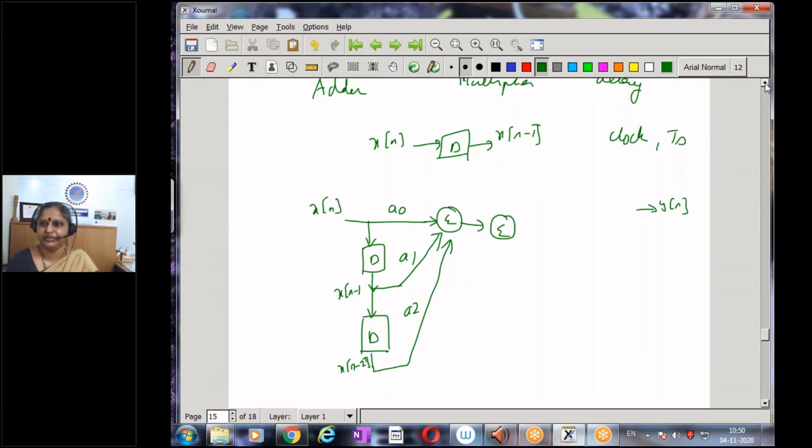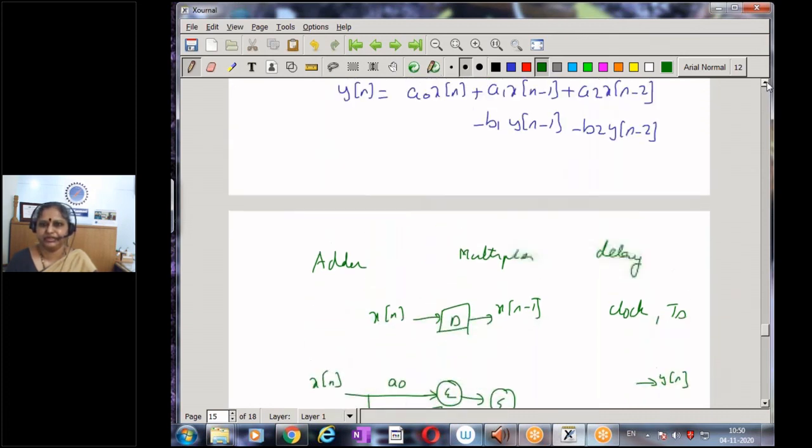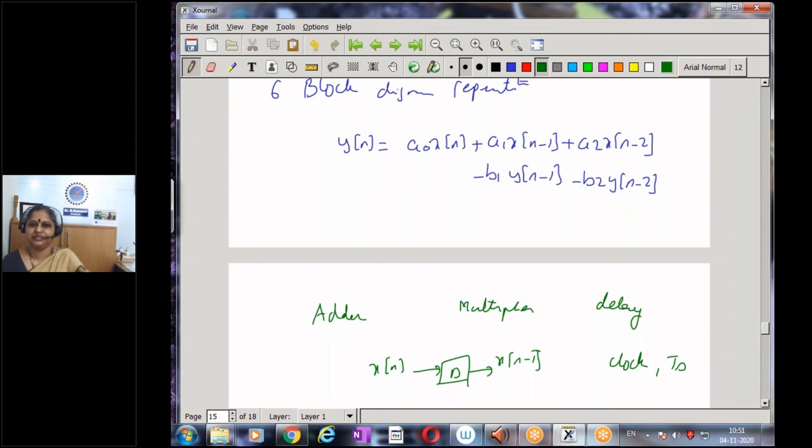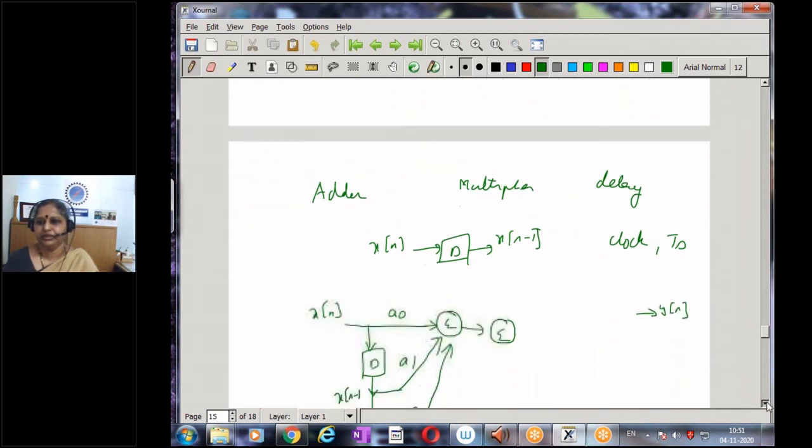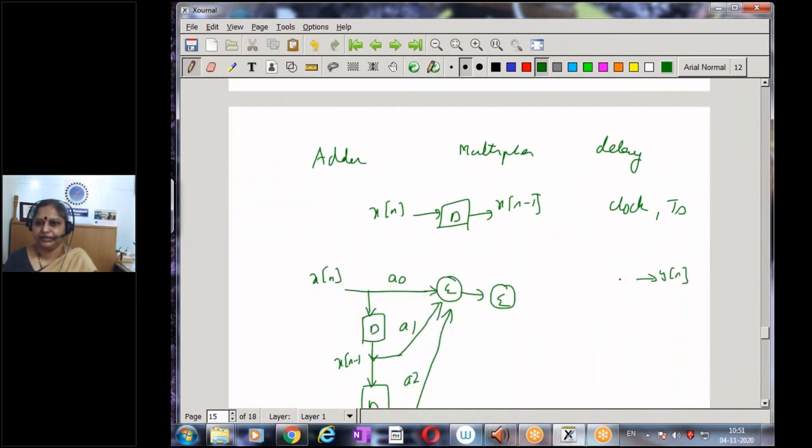So what I have done is look into my difference equation. I've considered these three terms: y[n] is a0 x[n], a1 x[n-1], a2 x[n-2], and then to this I need to add minus b1 times y[n-1]. So I have my y[n], and when I give a delay to y[n], I get y[n-1].